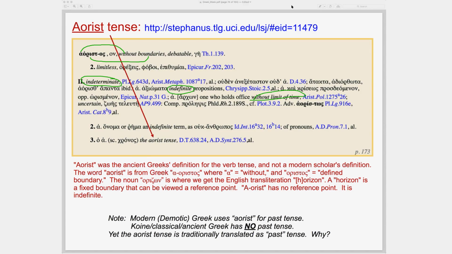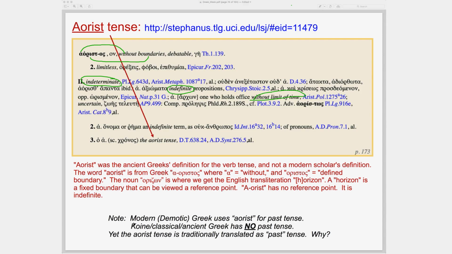Disculus. I have to go back and see how to pronounce that. So this is the ancient Greek's definition, not a modern scholar's definition. Aoristos, a without, and oristos, defined boundary.